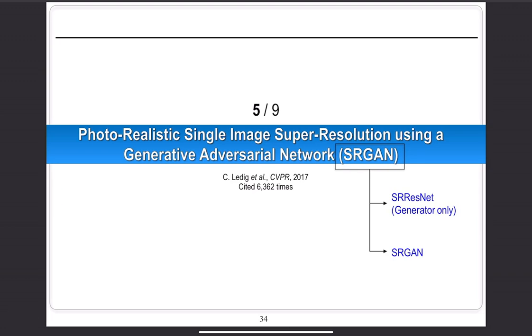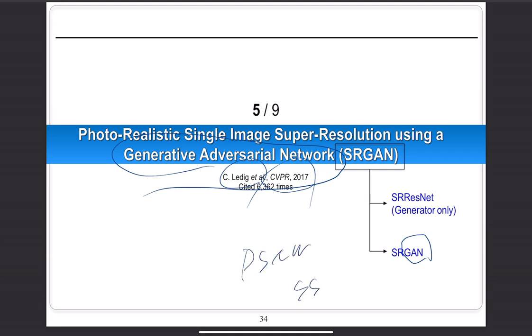And now we will talk about SRGAN, which was introduced in 2017 in CVPR. SRGAN was the first model to apply generative adversarial networks to the super resolution task. Unlike earlier methods that focused solely on maximizing PSNR or SSIM, SRGAN aimed to improve perceptual quality, how realistic the output looks to the human eye.